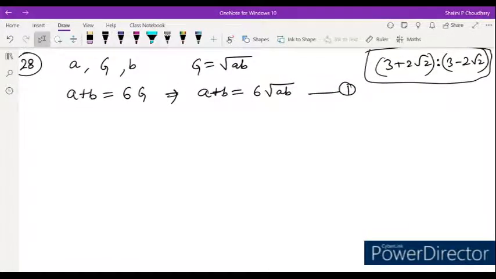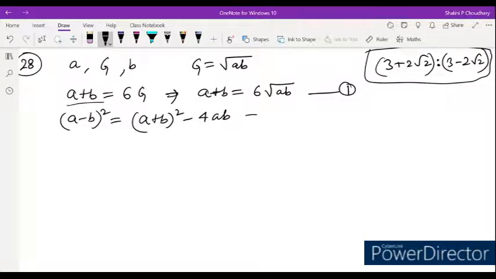So now we'll take A minus B whole square. A minus B whole square will be A plus B whole square minus 4AB, can we write? And A plus B is equal to 6G, so we can write 6 square root of AB. So A plus B whole square will be 6 squared into AB minus 4AB.